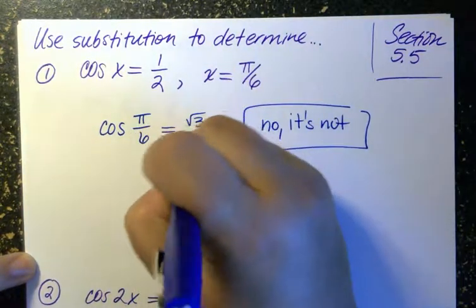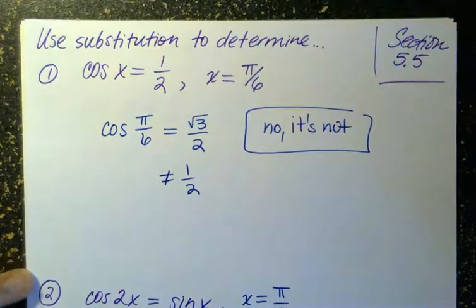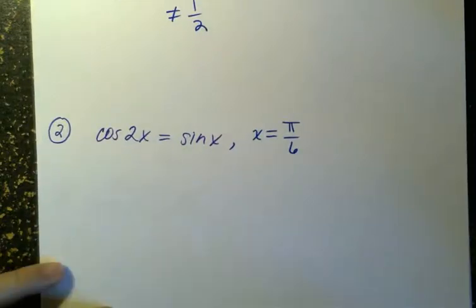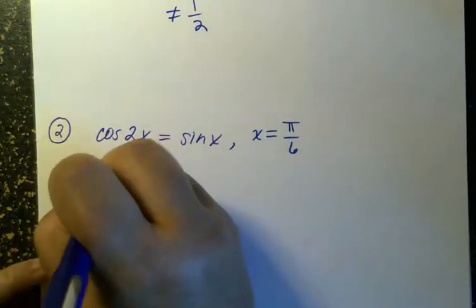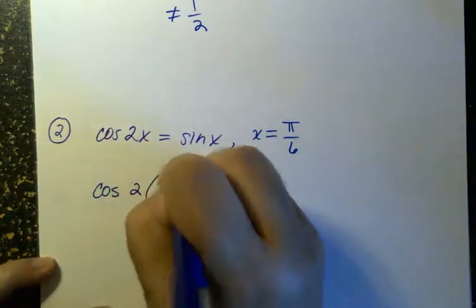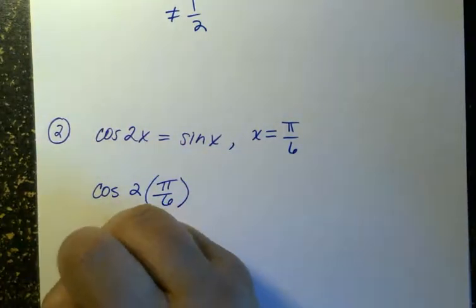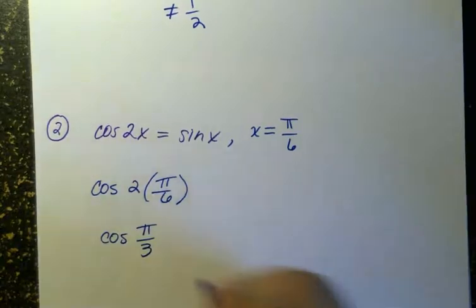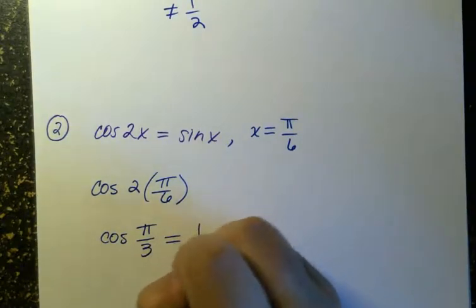That's not 1/2. Okay, so here's another one. Very similar idea. Just plugging in to see if this makes a true statement or not. Cosine of 2 times pi over 6. Well, that would be cosine of pi over 3, and the cosine of pi over 3 is 1/2.